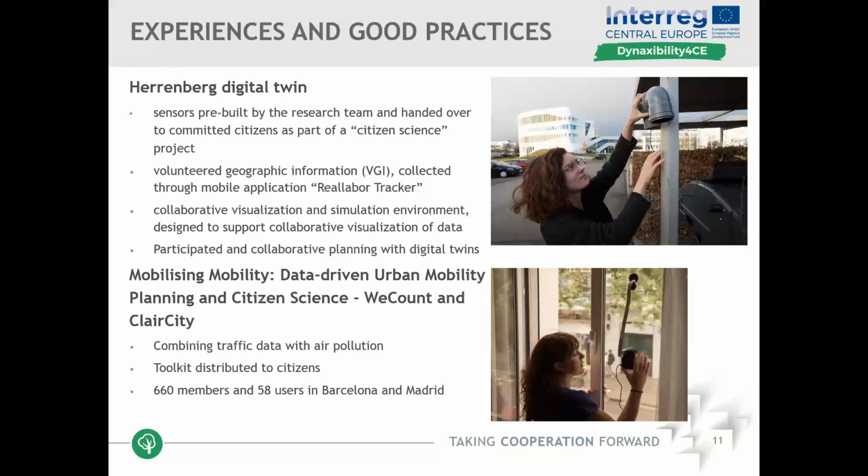The second example is the project We Count, a project coordinated by Polis. And in this case, the objective of the project is to identify a smart way to combine traffic data and air pollution data, and therefore a specific technological kit has been distributed to citizens who are directly in charge to detect, to collect the data for the interpretation of this phenomenon.